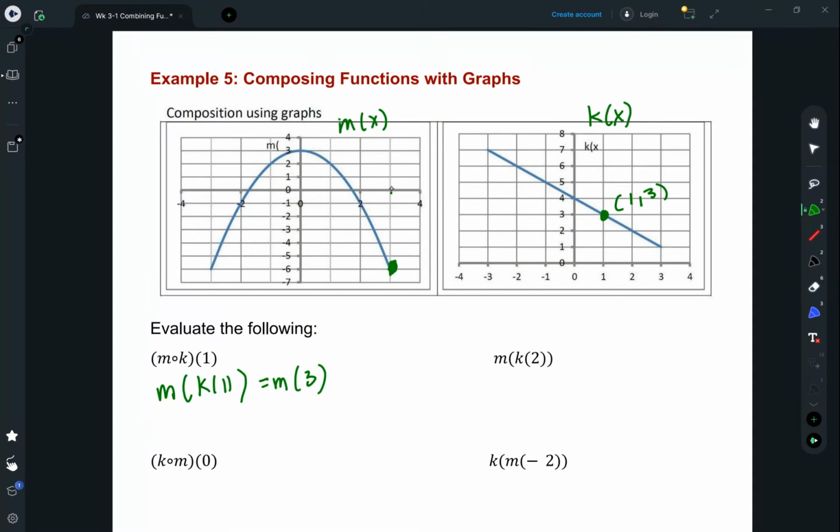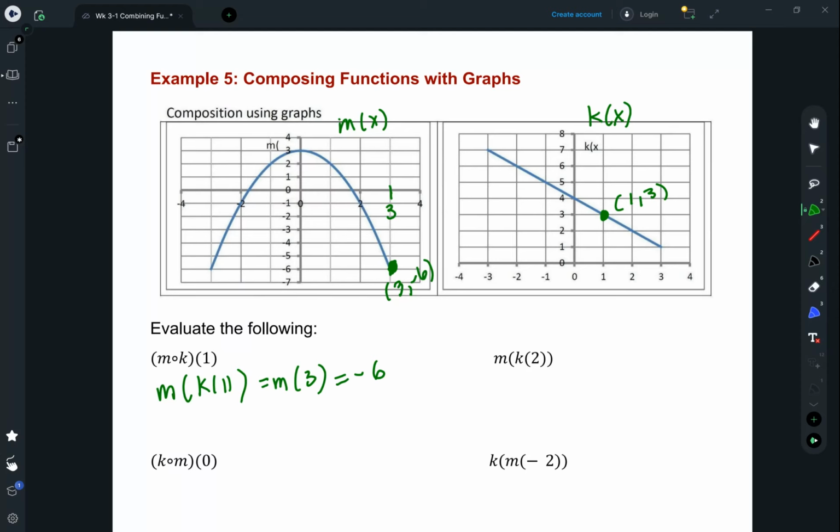It's the point (3, -6). So m of 3 is -6. It's sort of like translating a graph to a table and then using those same values. So why don't you try and find the other three? Pause the video, and then I'll come and do them with you.